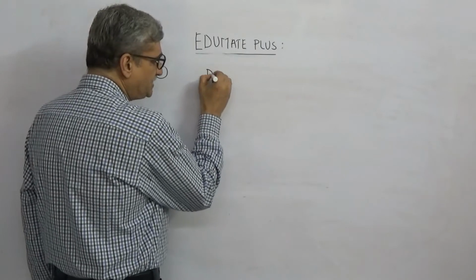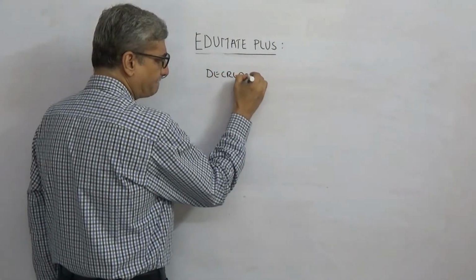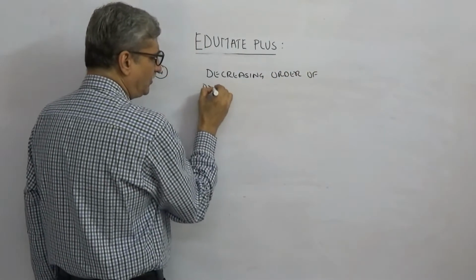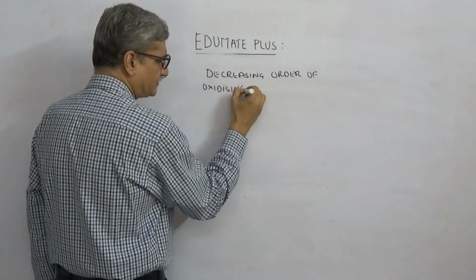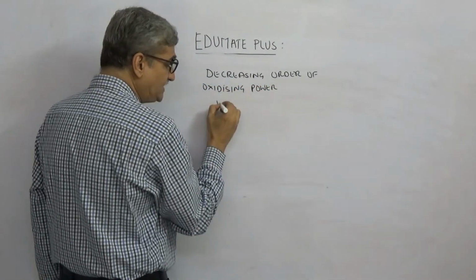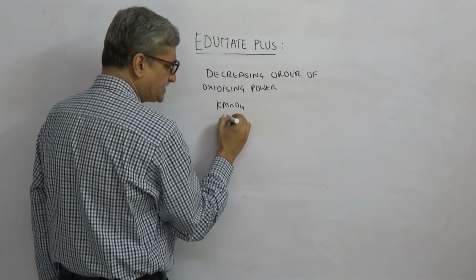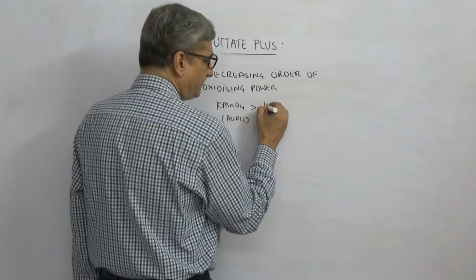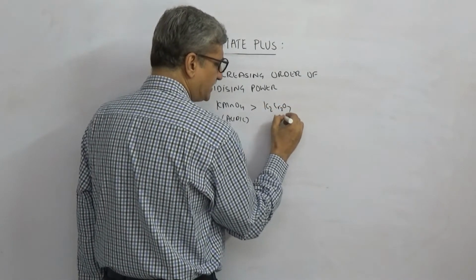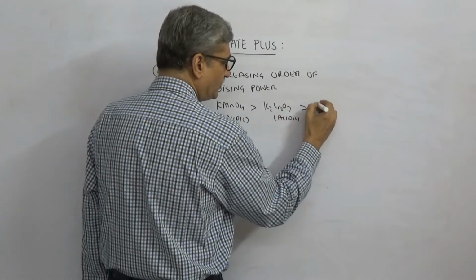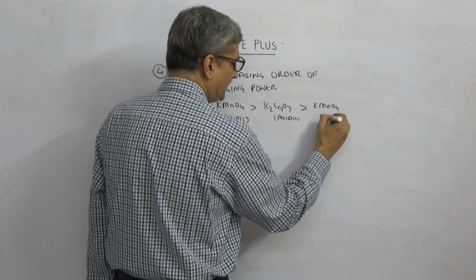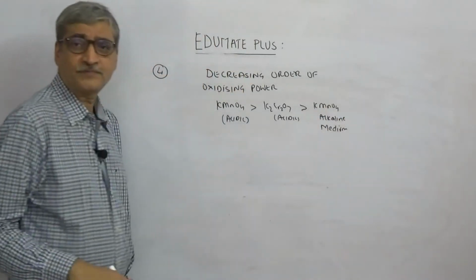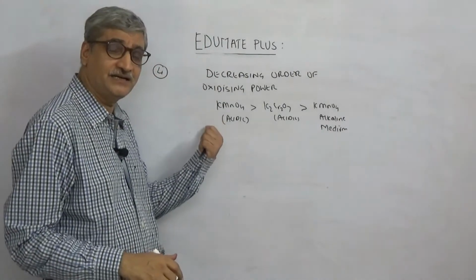The decreasing order of oxidizing power is, surprisingly, KMnO4 in the acidic medium, stronger than K2Cr2O7 in the acidic medium, stronger than KMnO4 in the alkaline medium. Is this point clear? Because this has a higher standard reduction potential.